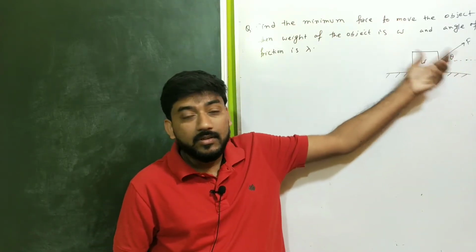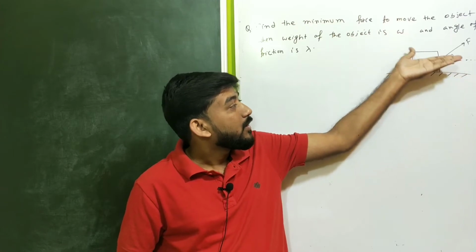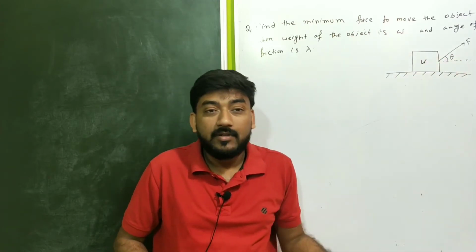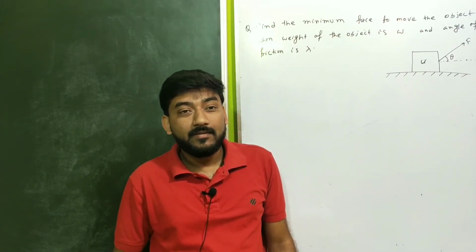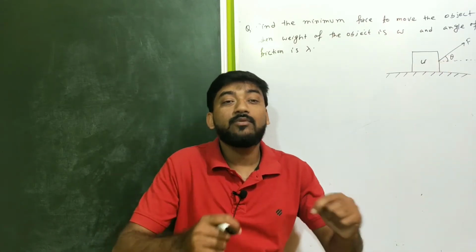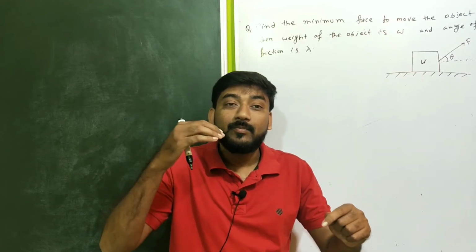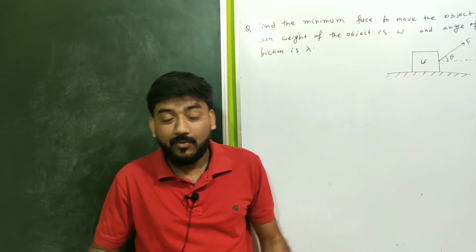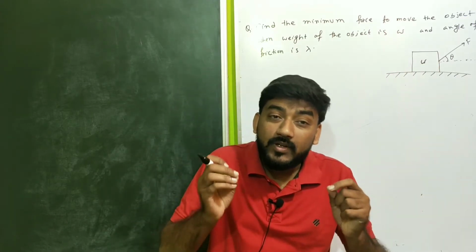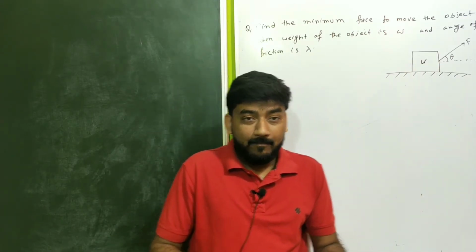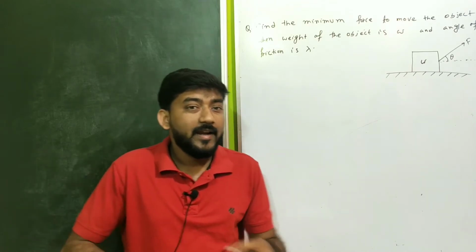Whatever angle the force makes with the horizontal should be equal to the angle of friction. The force will be minimum only when theta is lambda. This is the conclusion for this kind of problem.